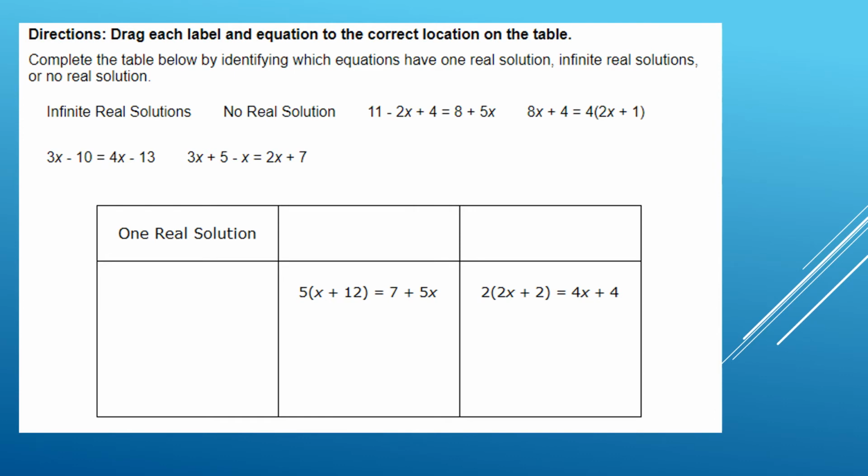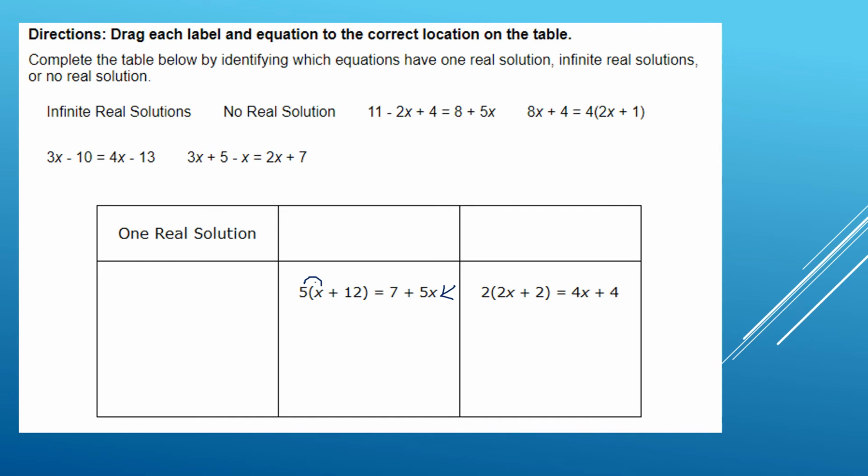Okay, now we're going to sort these by infinitely many, no real solution, or one real solution. So we're going to have to solve all of these different problems. So let's look at these two. Okay, so let's look at this one first.